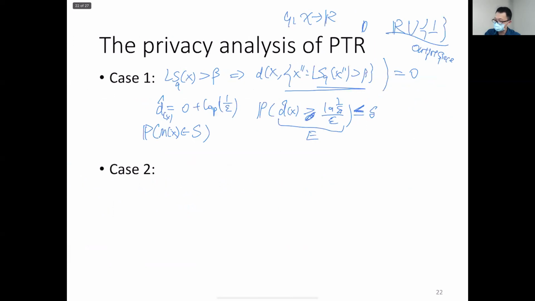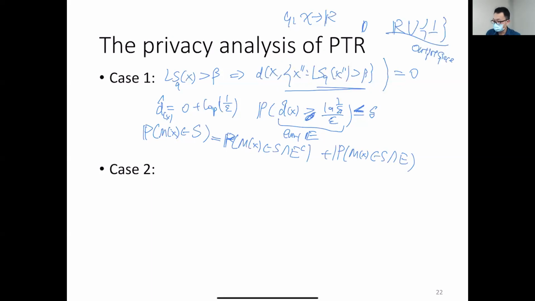So let's define this event to be E. In this case, the probability of M of X in S is the probability of S intersected with E complement, plus the probability of S intersected with E itself.